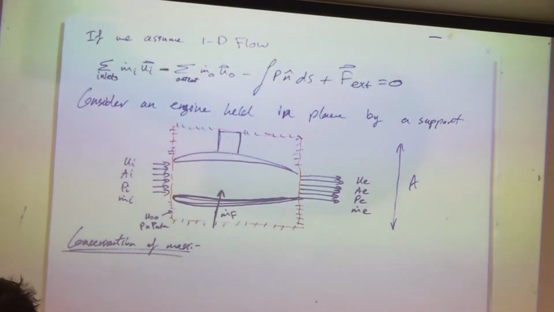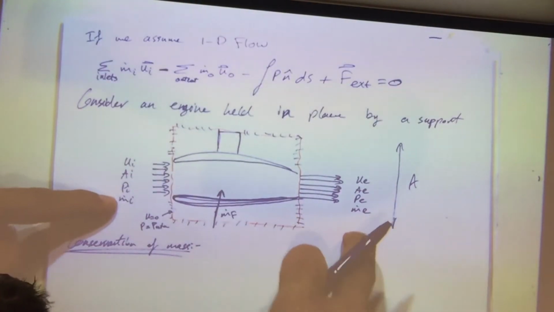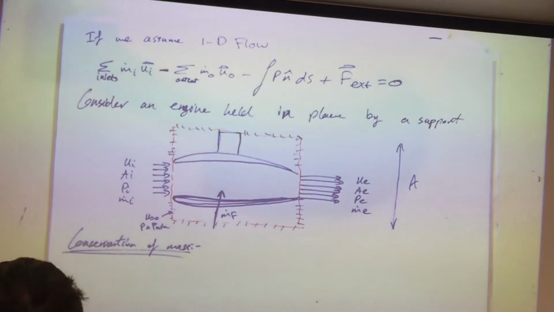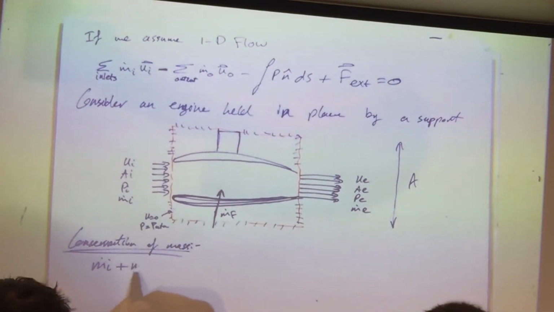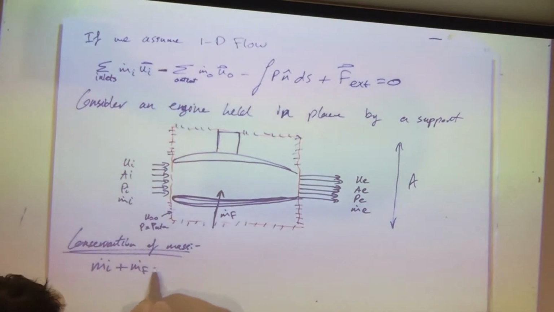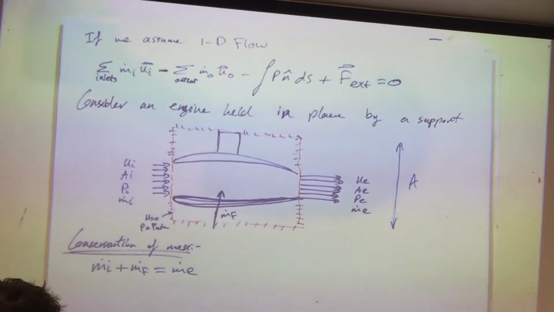Well, for this, I got an m dot in, I got an m dot fuel is equal to m dot exit. So very straightforward. Conservation of mass, m dot in plus m dot fuel going to my system is equal to my m dot exit. That's our conservation of mass.